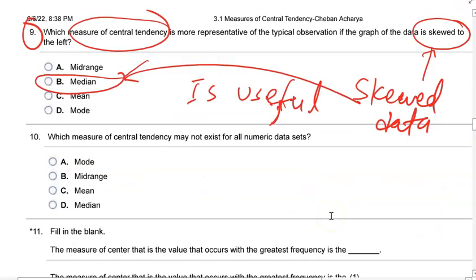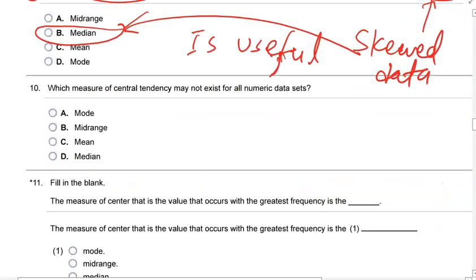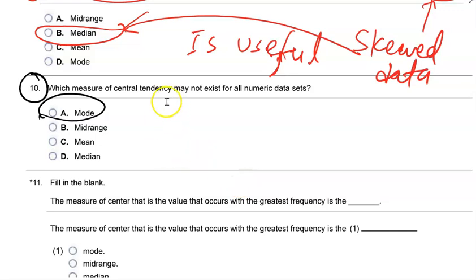Number 10. Which measure of central tendency may not exist for all numerical sets? That's the mode, because it is possible that some data sets might not have a mode.